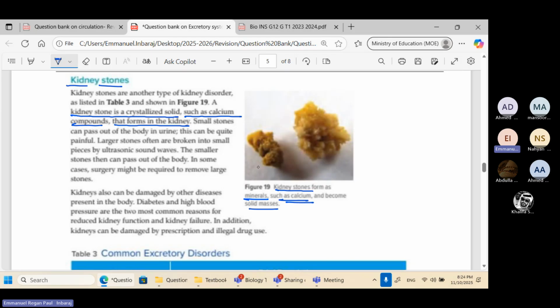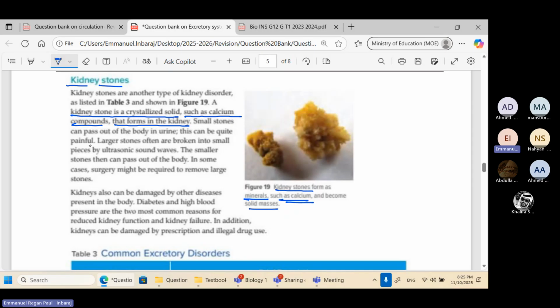What do they do? These kidney stones will block your ureter. They will block your urinary bladder, and then you find it difficult to remove the waste. When you find it difficult to remove the waste, you will have severe pain, and then you will go to a doctor. So what will the doctor do?